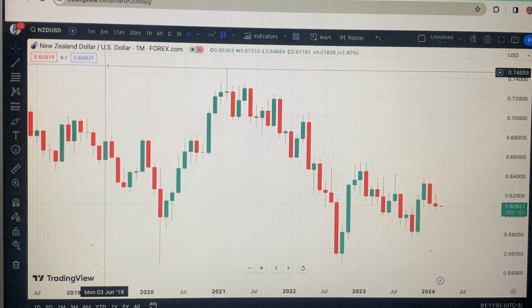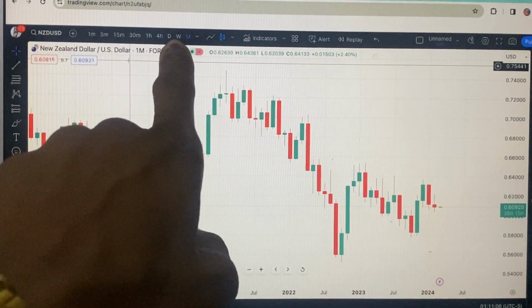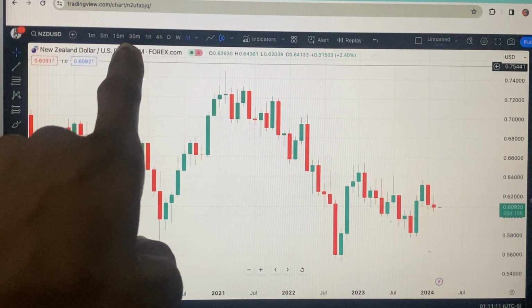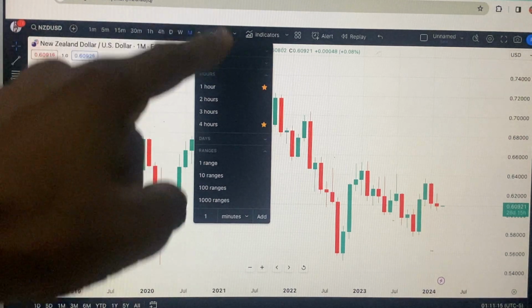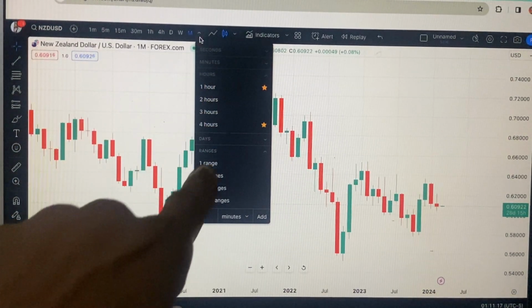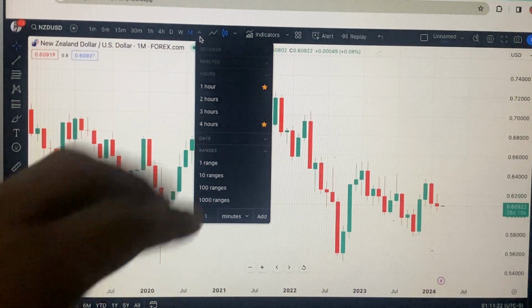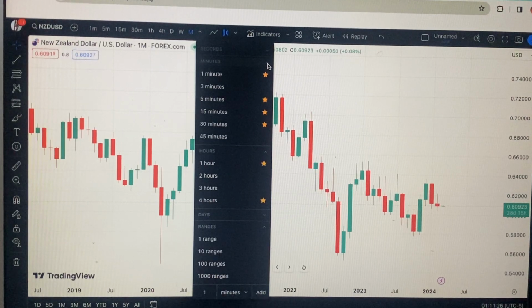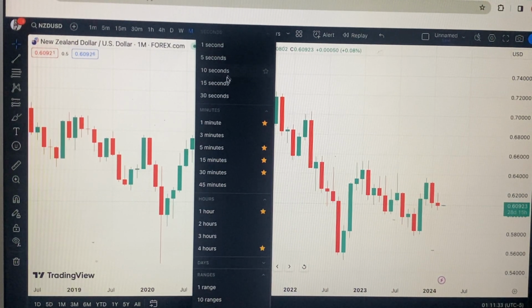This is the time frame. As you can see, 1 month, 1 week, 1 day, 4 hours, 1 hour, 30 minutes, 15 minutes, 5 minutes, and 1 minute. There are other time frames, like 2 hours, 3 hours, 1 range, 10 range, 100 range, 1000 range, and seconds, like 1 second, 5 seconds, 10 seconds.